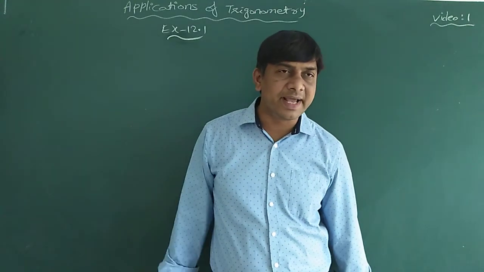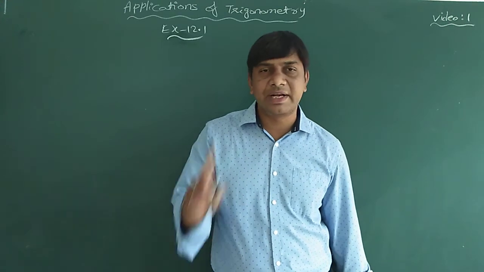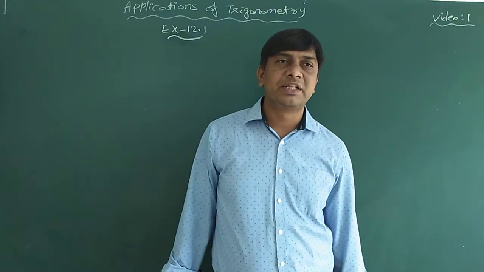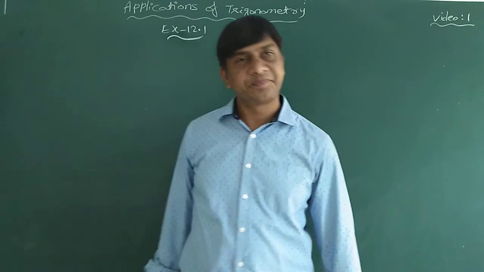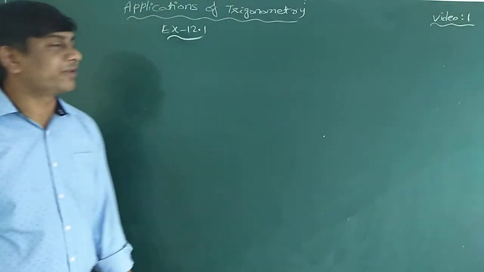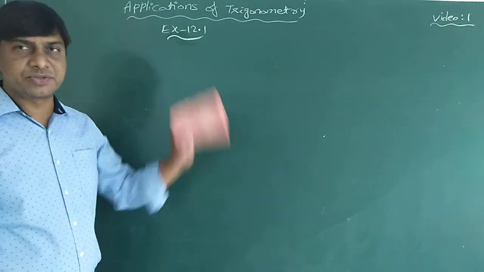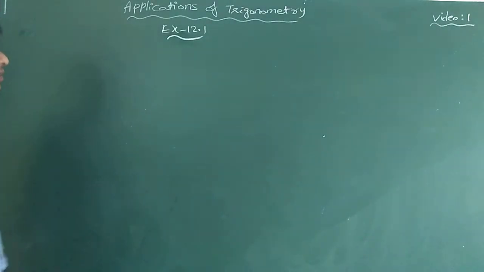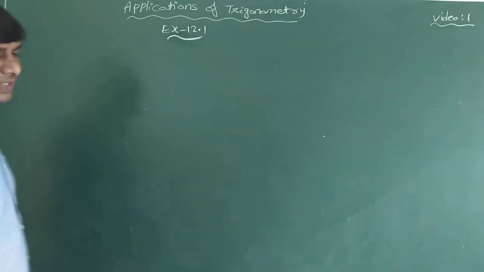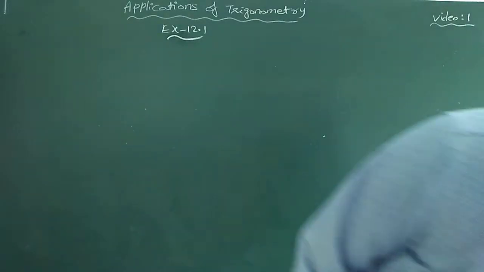You will get 1 mark for that, and the rest of the solution carries 3 marks. If you draw the diagram perfectly, you almost solve 50% of the problem. In exercise 12.1, I will discuss only the textual questions.